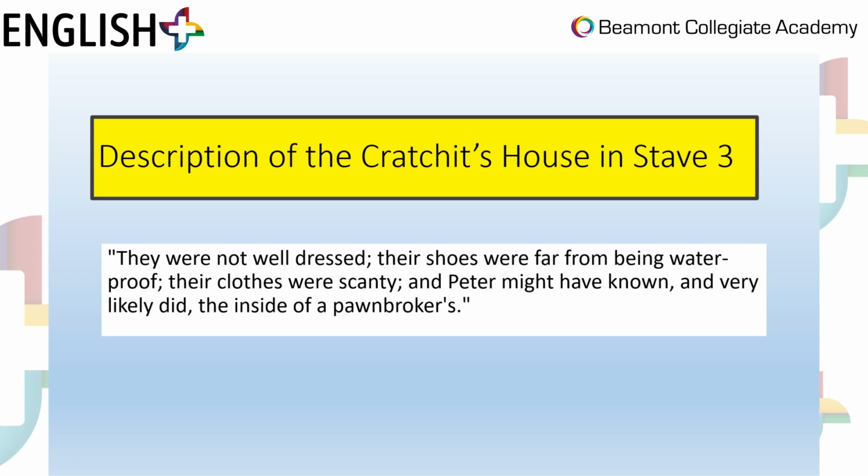So obviously it's again that reminder. Through the Cratchits, Dickens reminds us of the struggles of the poor. And what you will be looking at is how the omniscient narrator observes these things about the Cratchits, but the Cratchits themselves are a symbol of spiritual wealth. They are together, they are happy, they are joyful, and they're a reminder of family.